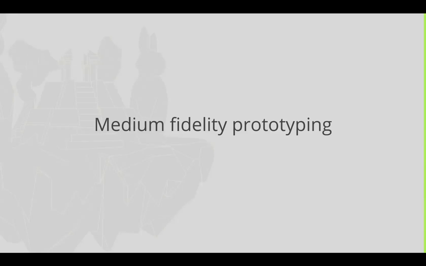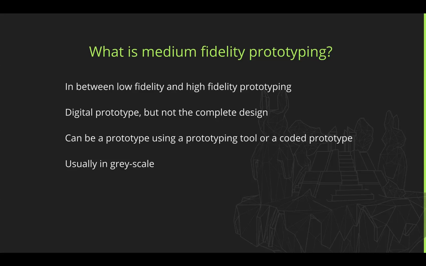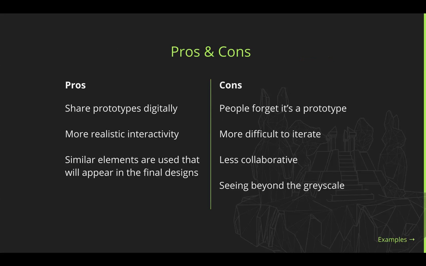And then what we also use in the industry is medium fidelity prototyping, which is kind of in the middle. It's a digital prototype, but it's not a complete design. It's usually in grayscale, but it can be used with a prototyping tool or a coded prototype. So the pros is you can share the prototypes digitally.